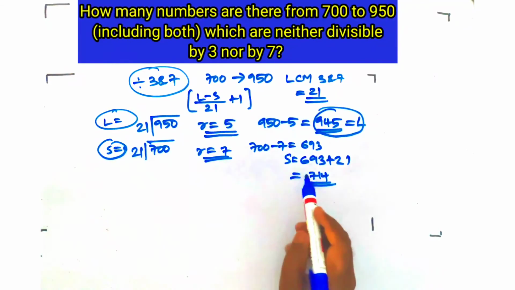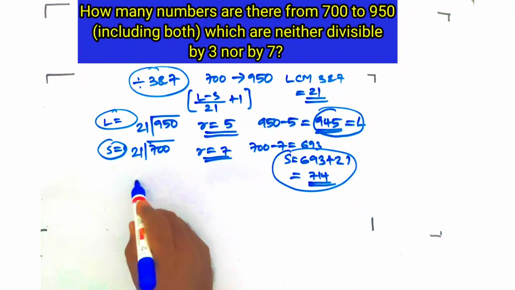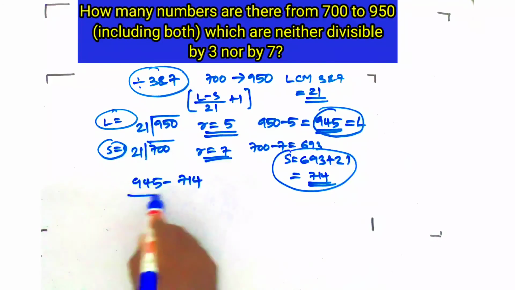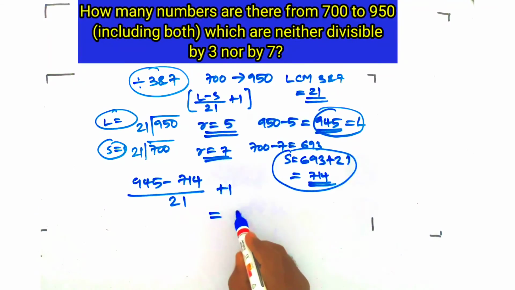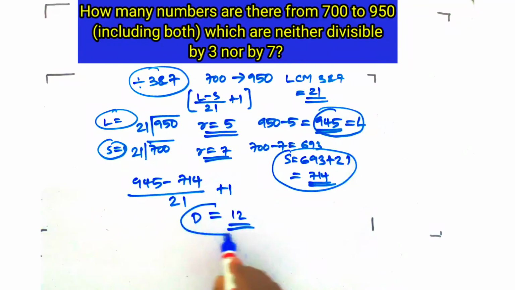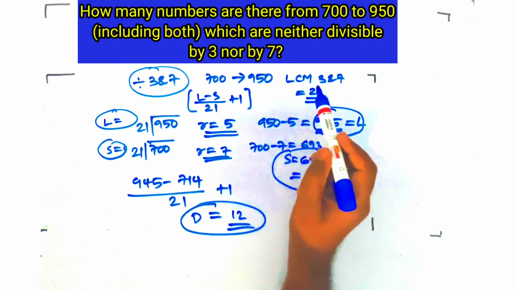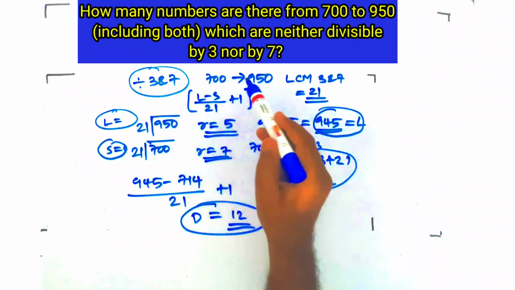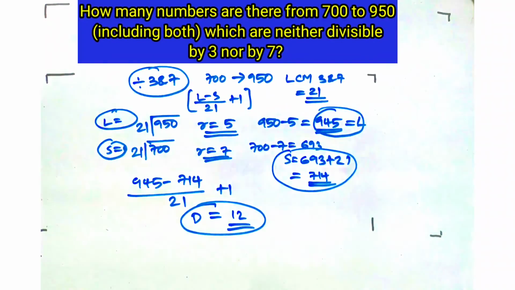Now we have L and S. Applying them in this equation: (945 minus 714) by 21 plus 1. The answer will be 12. So D is equal to 12. There are 12 numbers from 700 to 950 which are divisible by 21, or divisible by both 3 and 7.